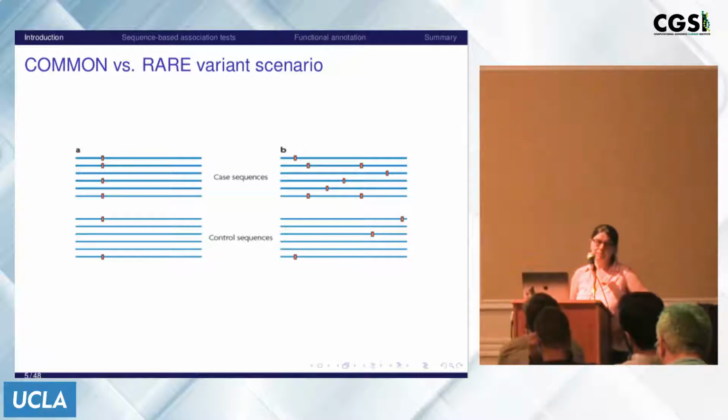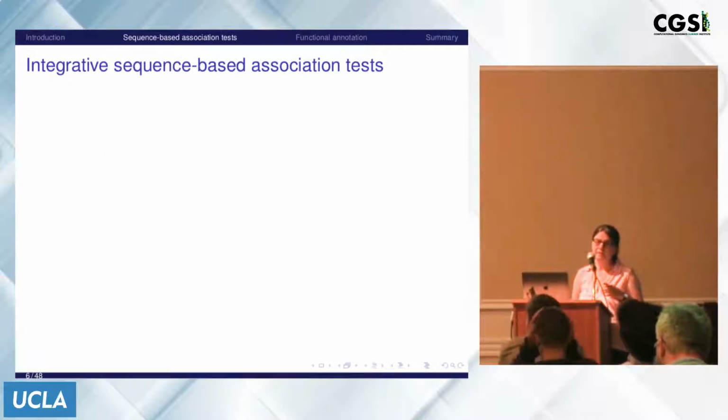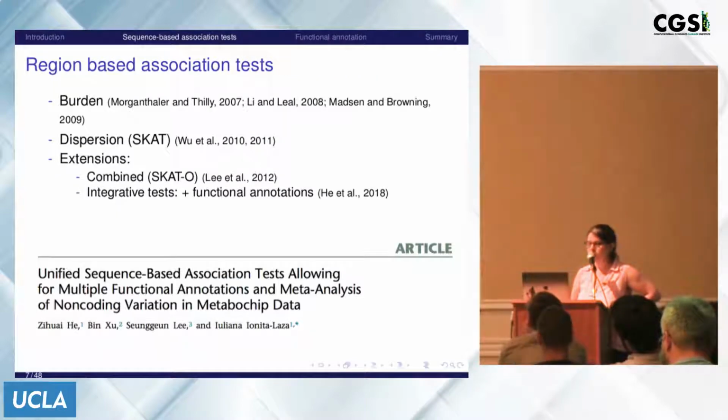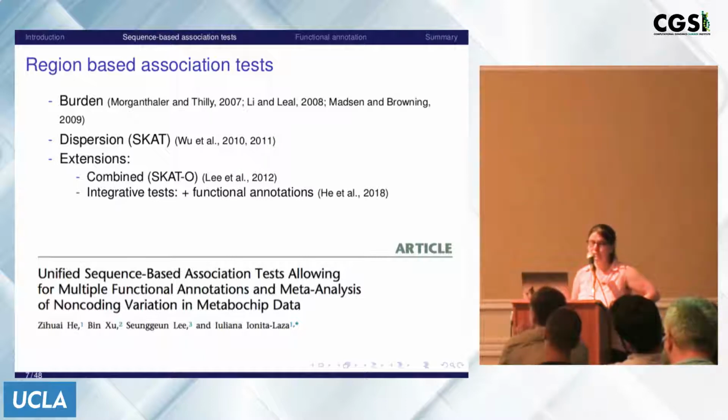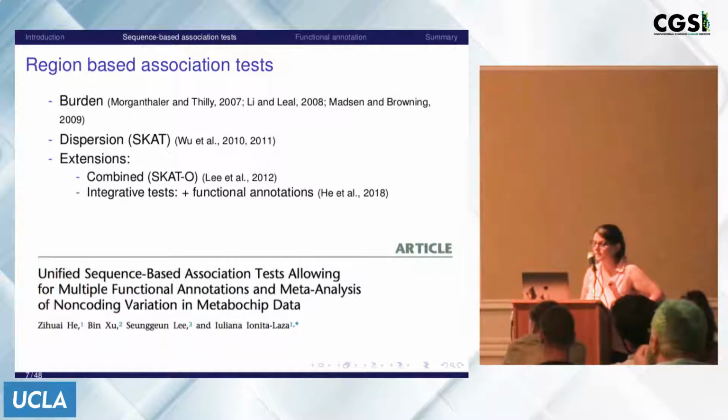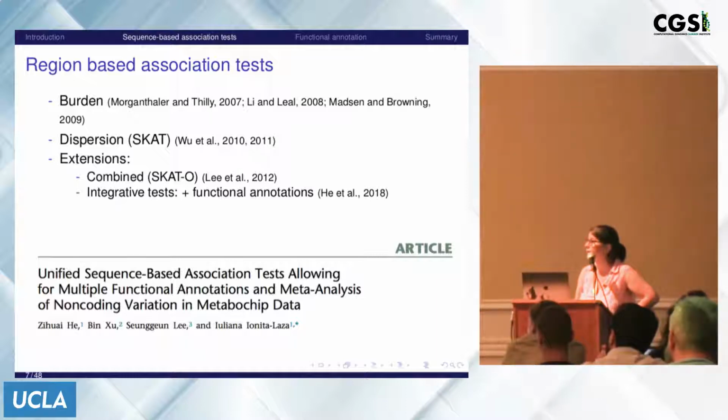So in the first part of the talk, I will discuss some of the main ideas behind these gene-based or region-based association tests. Five to ten years ago, there was a lot of activity in this area in developing region-based association tests. And mostly it comes down to two classes of tests, the burden test and dispersion or SKAT tests.